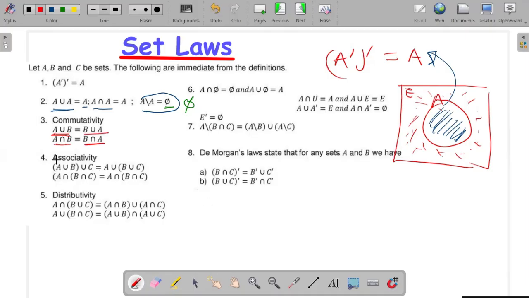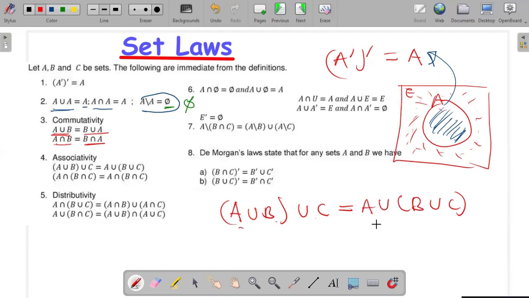So next is associativity. And with associativity, you're involving three sets. You're saying if you have A union B, then union C, this is the same as first bringing together everything in the first two sets, then bringing in the last. So it's the same as saying B union C, then A union that.